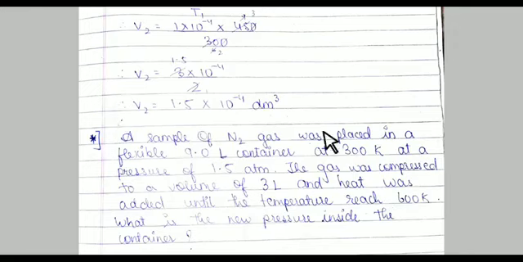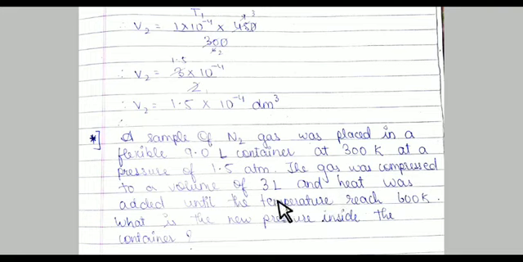Again I am repeating, student, nitrogen gas is placed in a 9.0 liter container, means it is volume, V1. At 300 Kelvin it is temperature, T1. At a pressure of 1.5 atmosphere, it is P1.